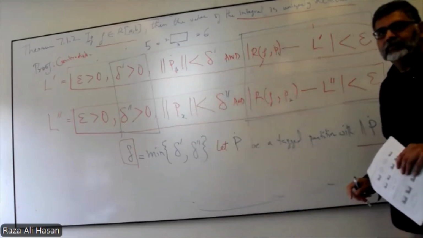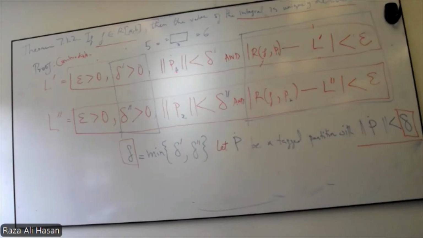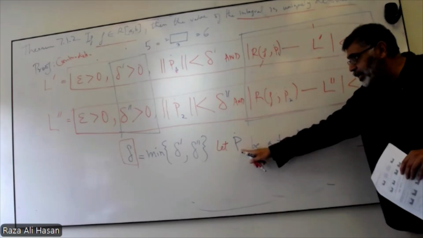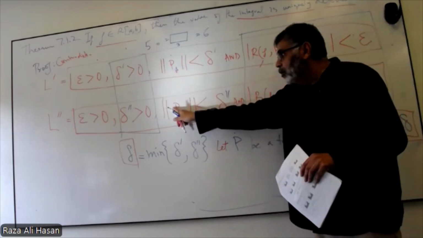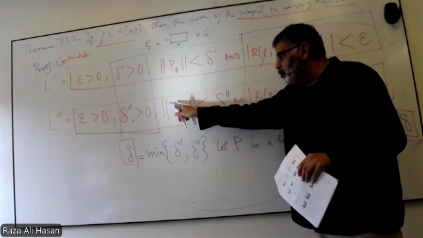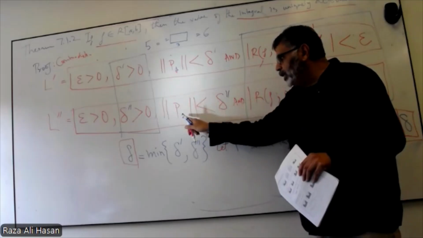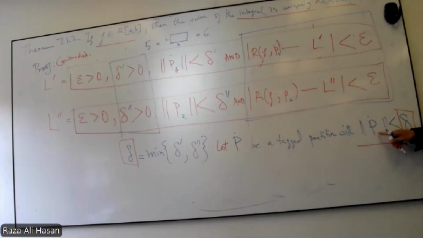This one or this one? Yeah, it is 2. But now we don't have to. We're saying let this be equal to a tagged partition P dot P2. This is what we just did. This is dot P2, literally.